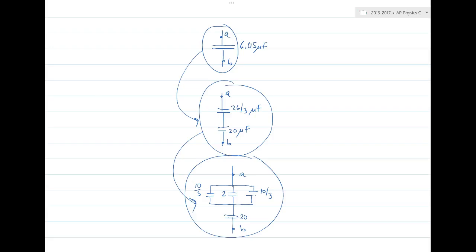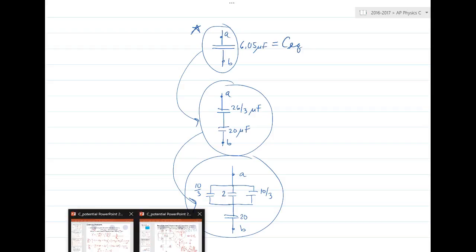Okay, so we're back, and what I've done is I've redrawn not all of the steps, but 3 of the steps, and you'll see that we're starting with the most simple version, where this is the equivalent capacitance of the circuit, and then we've split that up into what it was, where we had 26/3 and 20, and then we've split up the 26/3 into 10/3, 2, and 10/3, and we've left the 20 alone.